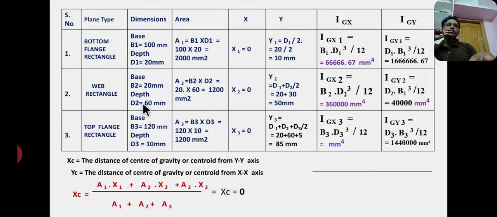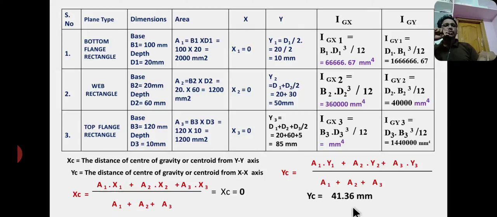Okay, these are the individual dimensions, these are the areas, and these are the centroid values. These are the area moment of inertia. Similarly, yc equal to A1 y1 plus A2 y2 plus A3 y3 by A1 plus A2 plus A3. Therefore yc equal to 41.36, xc equal to 0. So xc, yc are the coordinates of the centroid.